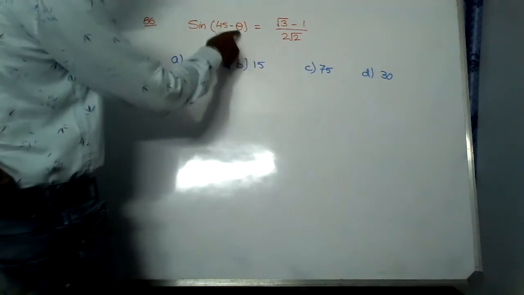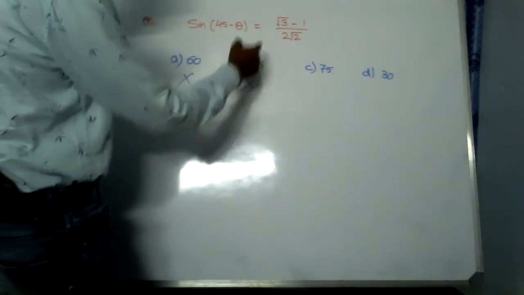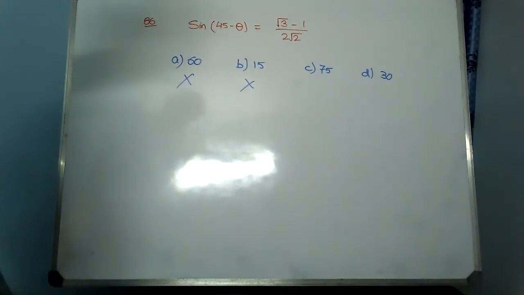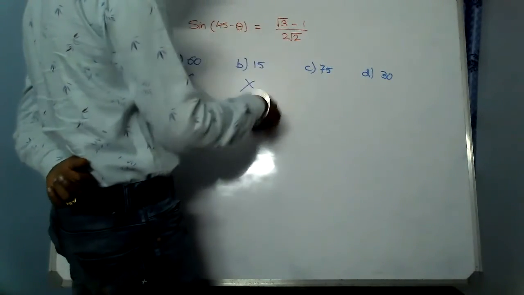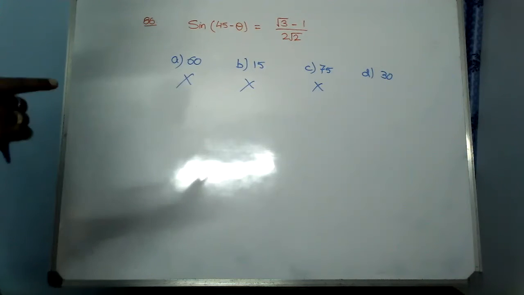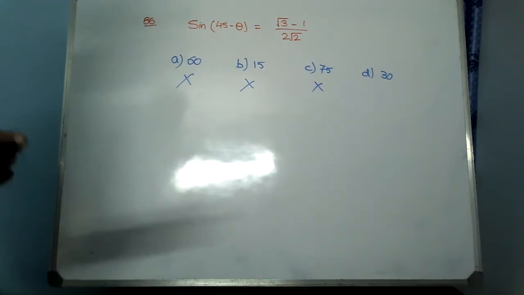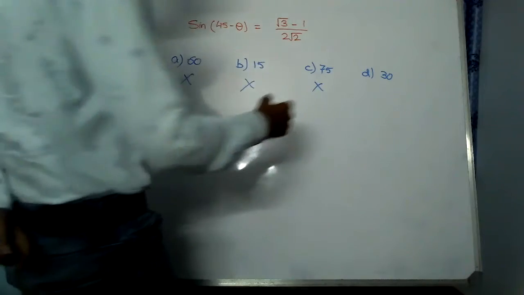If I put theta as 15, 45 minus 15 is what? 30. Sine 30 is 1 by 2. It's nowhere like 1 by 2 at all. Cancelled. 75 again like 60. If you do 45 minus 75, it will give you sine minus 30 degree. That is minus sine 30 degree. Sine 30 is 1 by 2, so minus 1 by 2 it will come. That option is also not there.